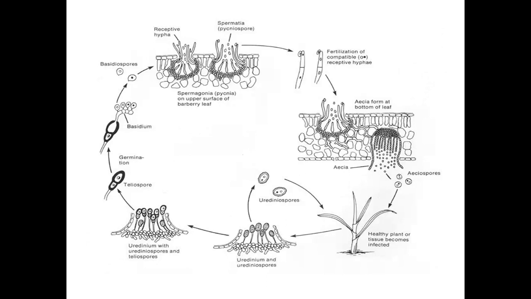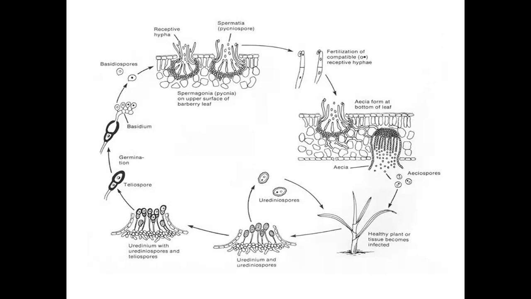Here also we can see two types of cycle. The first is the repeated cycle, where the formation of uredospores on wheat and the continuous production of uredospores lead to development of the wheat disease. And later on, after the completion of this first stage, the pathogen undergoes different stages.